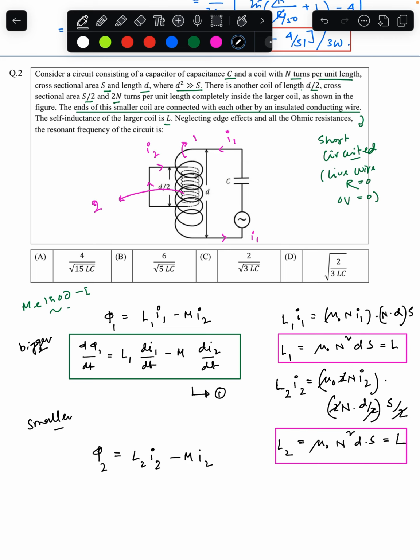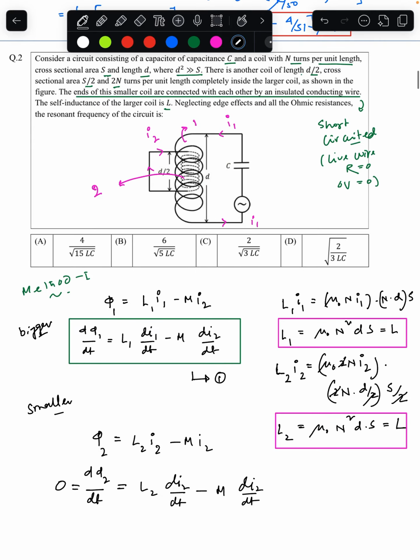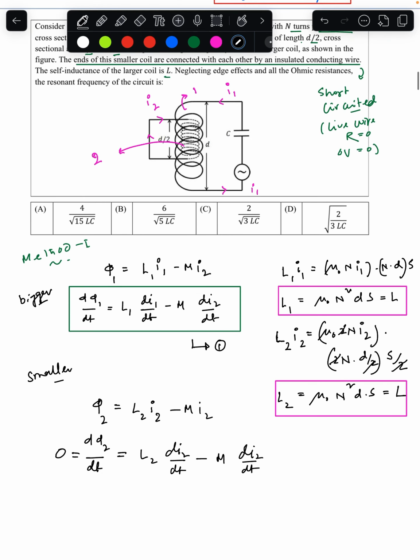M I2. Now here the point comes: the moment I differentiate, d phi 2 dt is equal to L2 di2 dt minus M di2 dt. As I said, here d phi 2 dt will be equal to 0. There is no resistance, there is no potential drop for the smaller one.